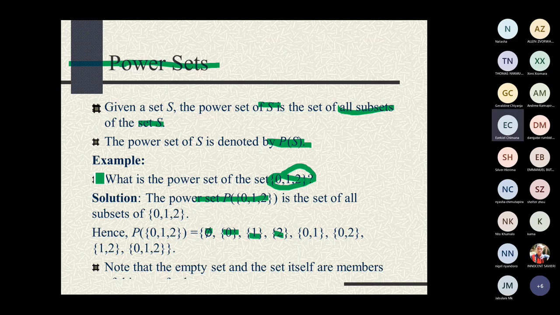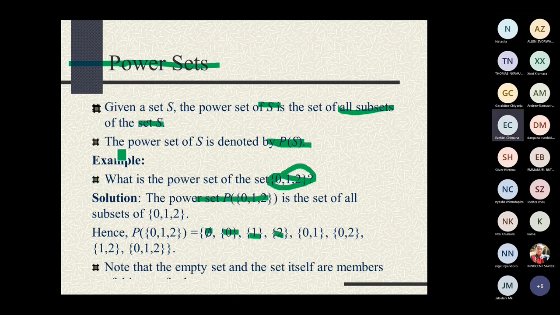So don't confuse it with some formulas that you actually find to find a power set. That formula will only give you the total number of sets that you can generate from a certain set. So in other words, it will not give you the subsets, the power set, but it will only help you to know the total number of subsets that you need to produce from that set, which will be 2 to the power n, 2 to the power total number of elements in the set that you are considering.